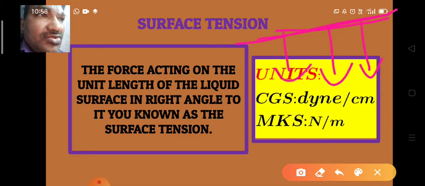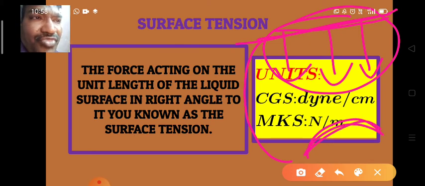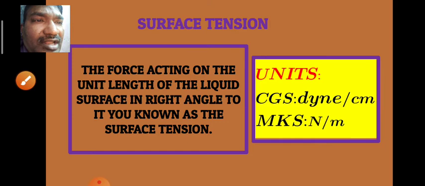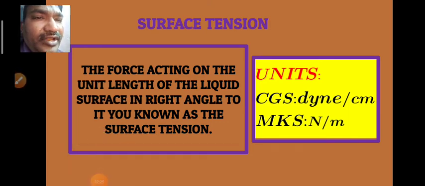Due to this force only, the molecules tend to get the spherical shape. So such force here is called the surface tension. So the force acting on the unit length of the liquid surface at right angles to it is known as the surface tension.